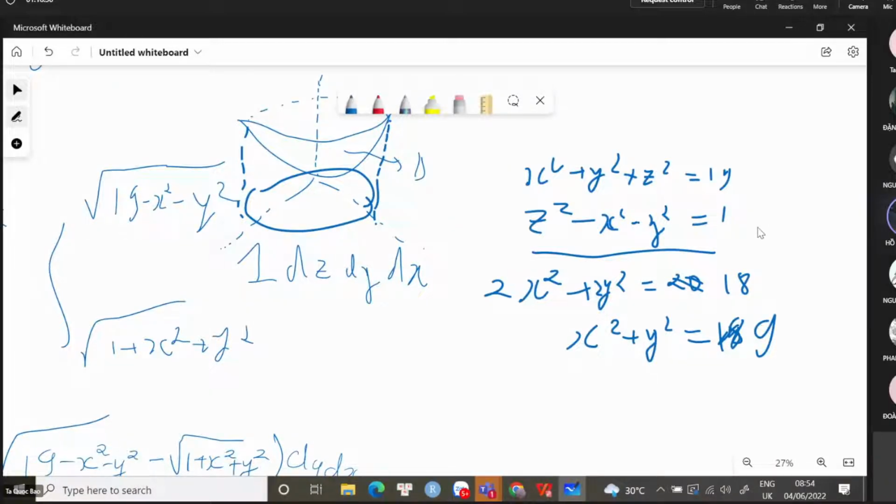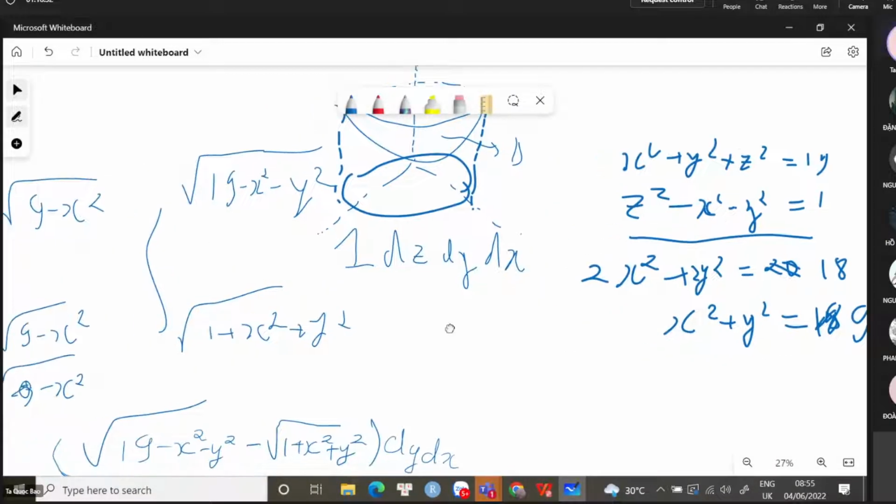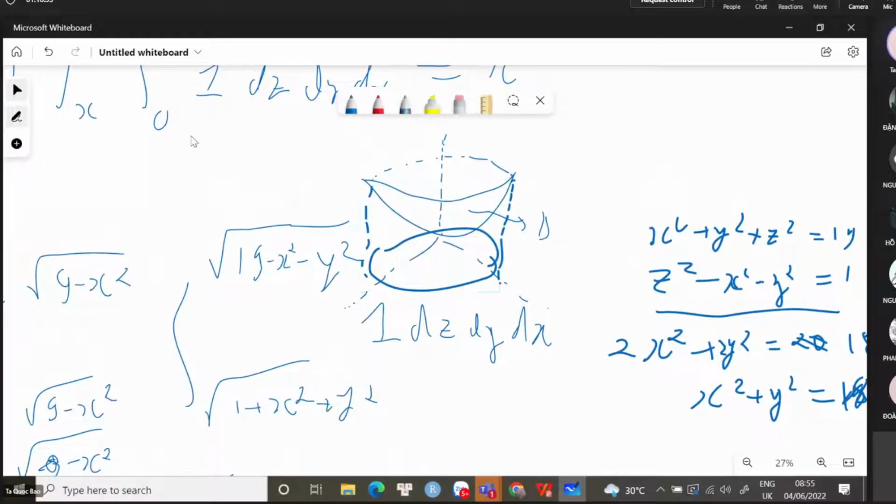Yeah, I understand it now. For z, this is very easy because you access from here. Okay, you meet this paraboloid first, and then the other, this sphere, yes, this is the sphere. Understand?